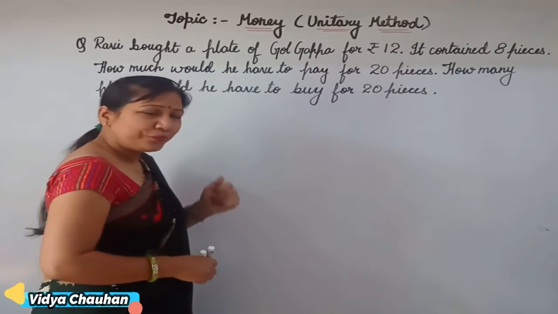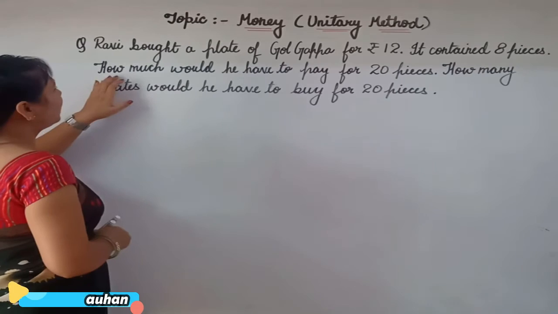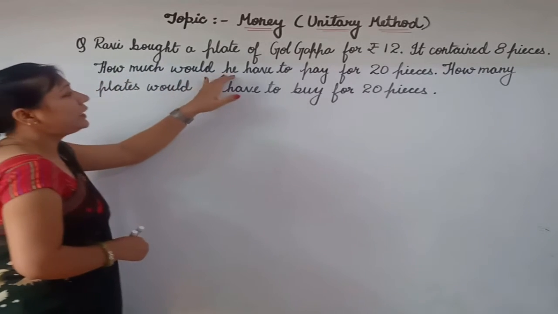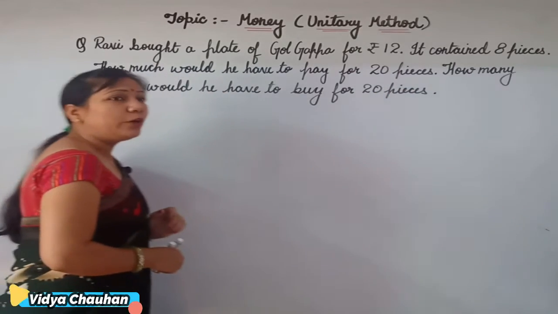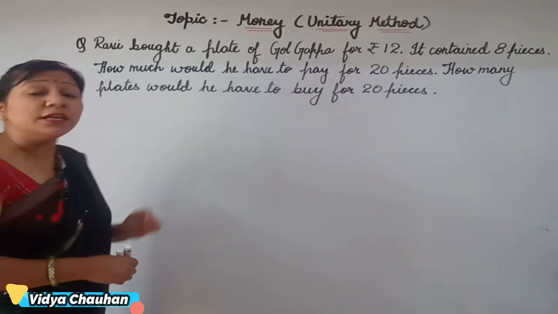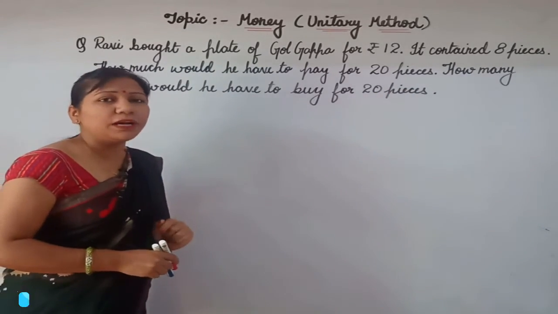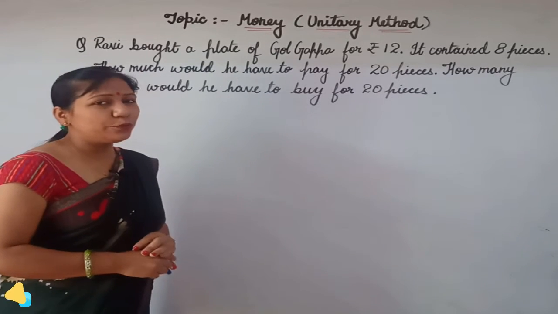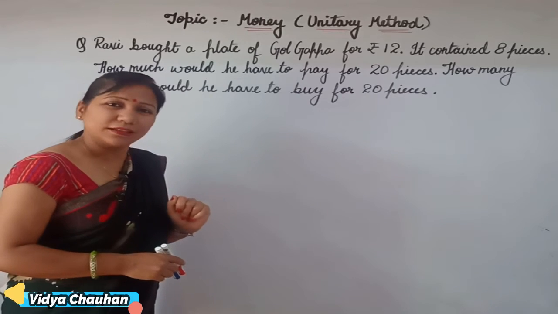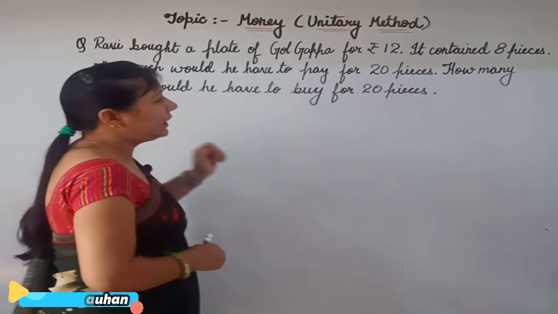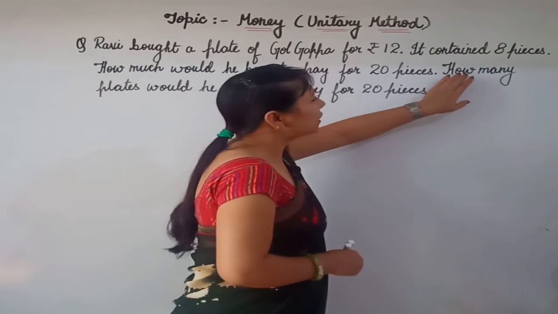Clear, students? Next, the second statement is how much would he have to pay for 20 pieces. Now if Ravi wants to eat total 20 Golgappas, how much money he has to pay to the shopkeeper for 20 Golgappas? Clear? Now this is not ended here. There is one more attached question.